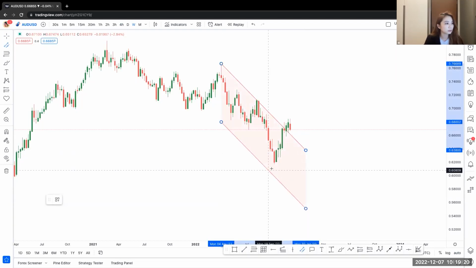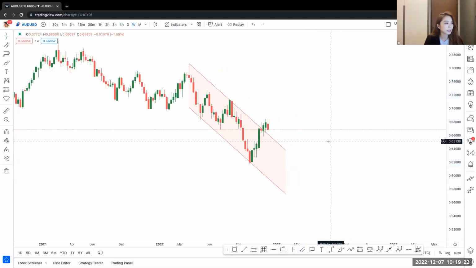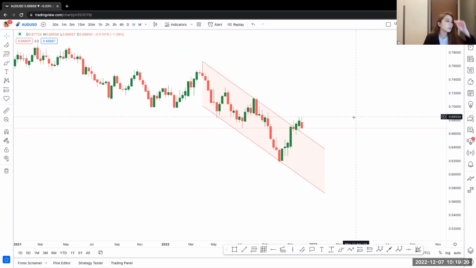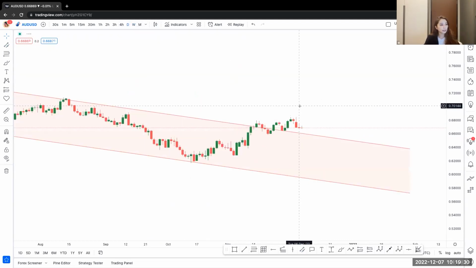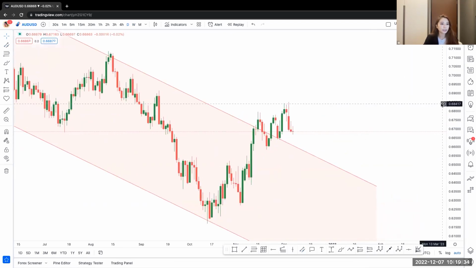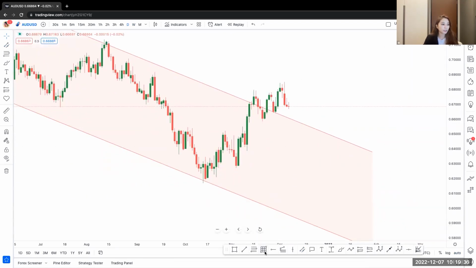Hold on. Yeah, it was a downward moving channel, but you can see the price has broken out of the channel for Aussie dollar. Let's look at the 1-day chart. Very obvious, very nice channel. On the 1-day chart, you can see the very prominent upward rising trend.